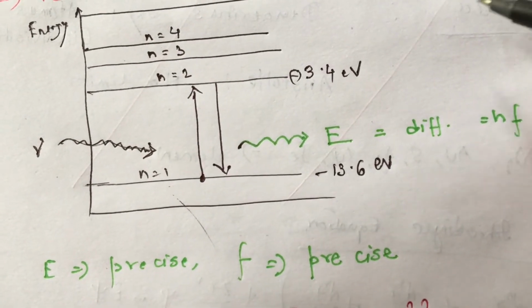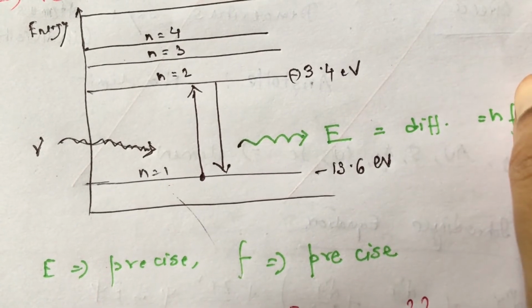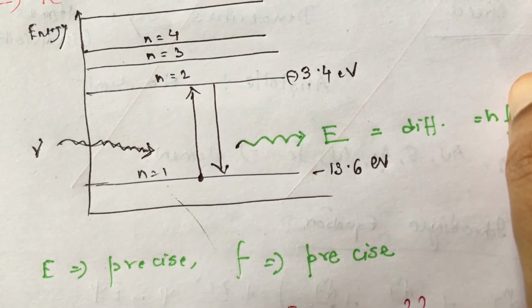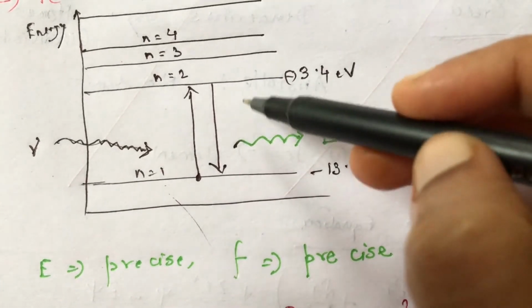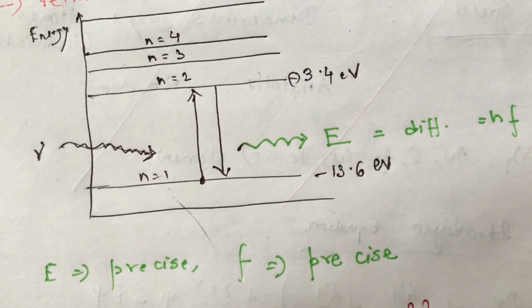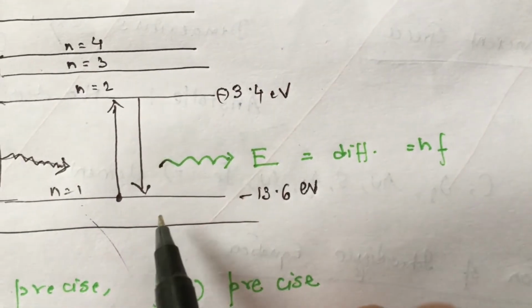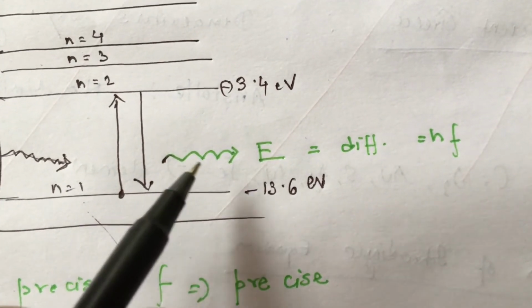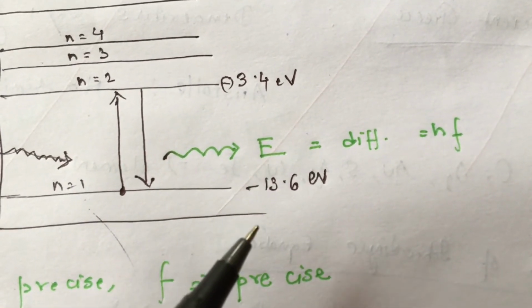But we all know that every system in this universe wants to stay in a minimum potential energy configuration, which makes this electron make a further transition from n equal to 2 to n equal to 1. And this energy difference between this level and this level will come out of the system.